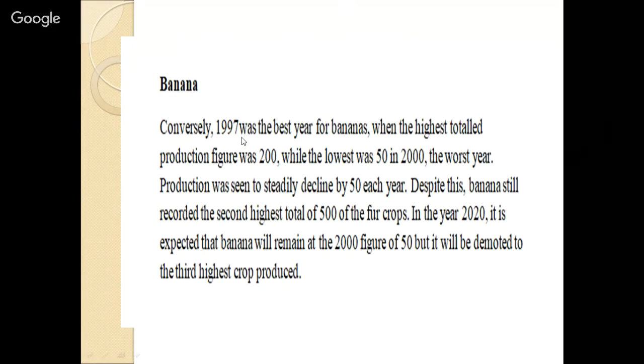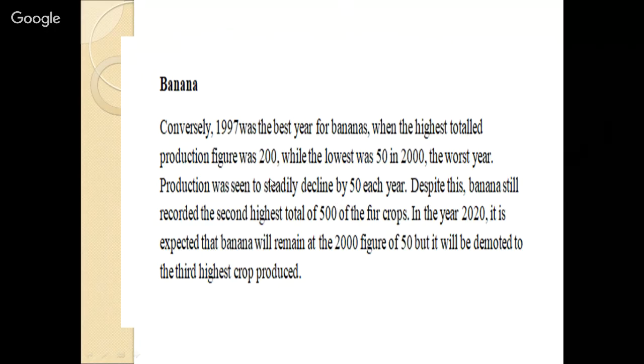And then the writer said 1997 was the best year for bananas, with the highest total production figure was 2000, while the lowest was 50 in two. And notice, guys, I want you to note that they mentioned the year and they mentioned the amount for the significant figures, right? And then they said production was seen to steadily decrease, also describing the trend.